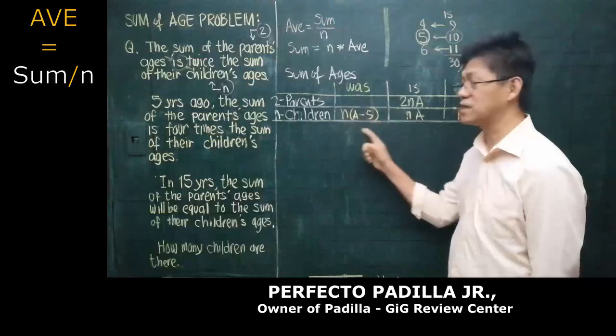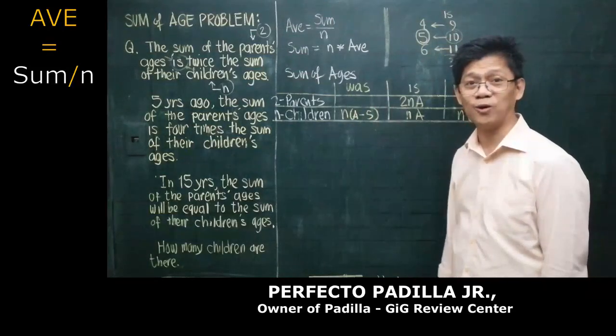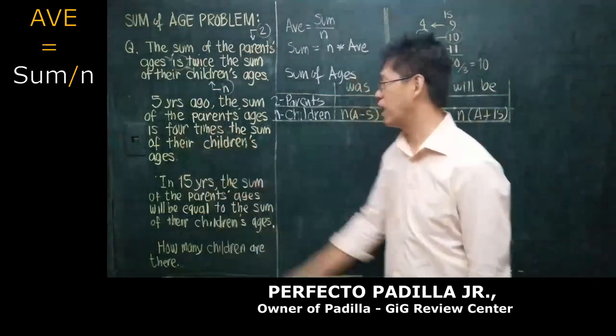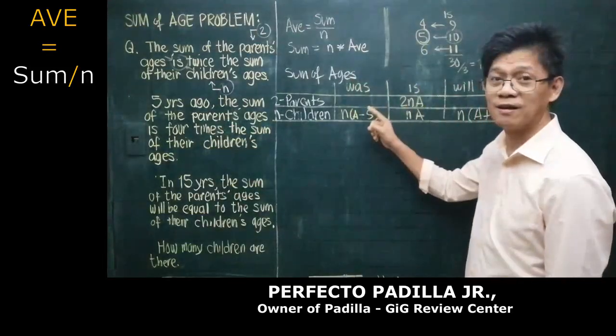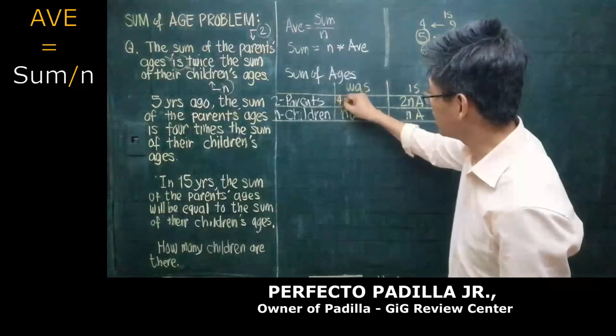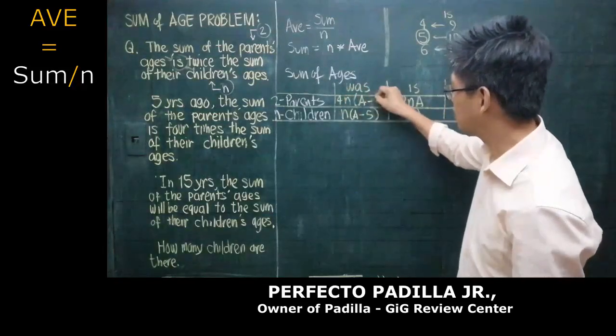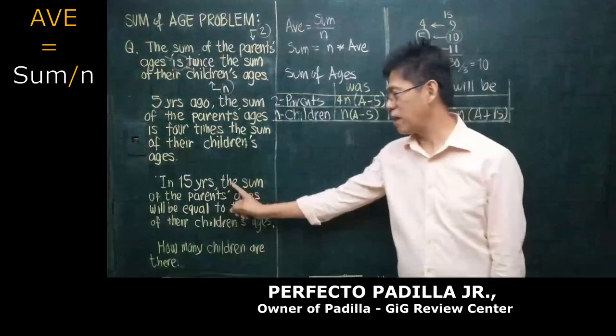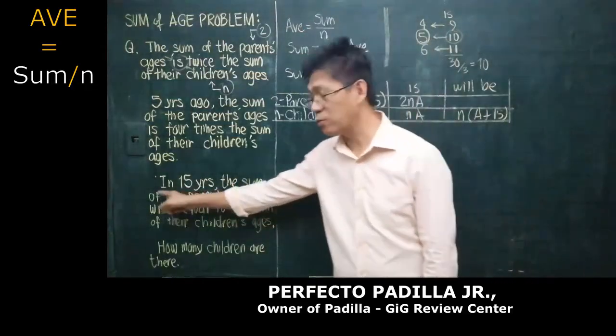So, if this is the sum of children's ages 5 years ago, 5 years ago, the sum of parents' ages is 4 times this. So, it is 4 times N A minus 5. And in 15 years, the sum of parents' ages, so this is a time condition.